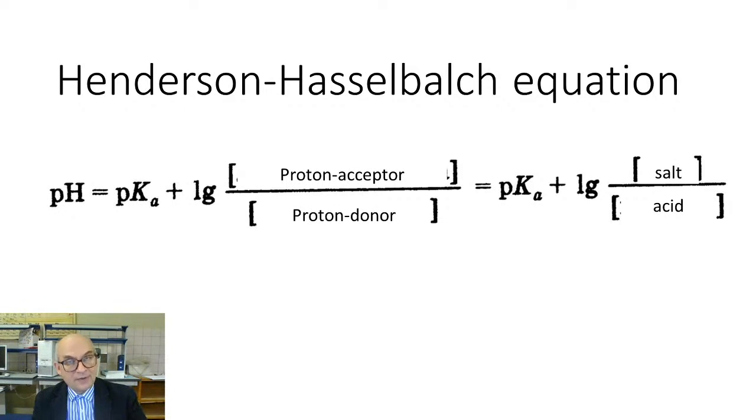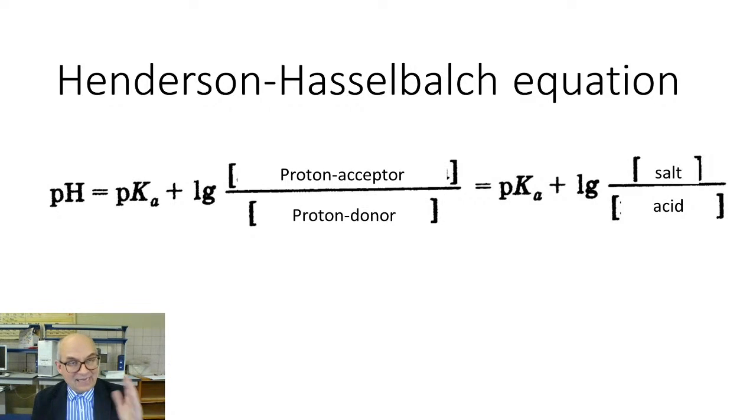The negative of the logarithm of the ionization constant results in the pKa value, and the other concentrations, of the CH3COOH molecules and the concentration of the CH3COO anion, will be presented as a ratio under the logarithm.